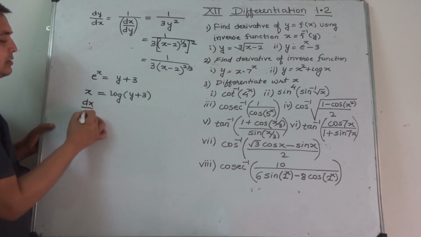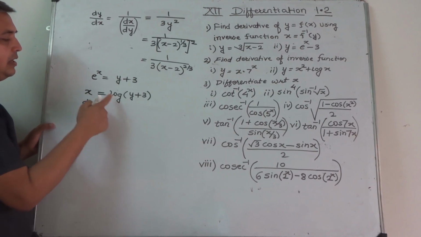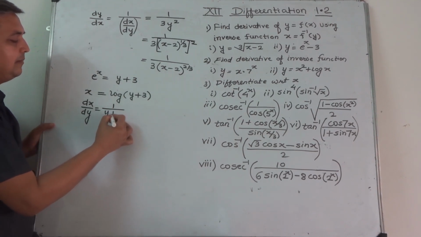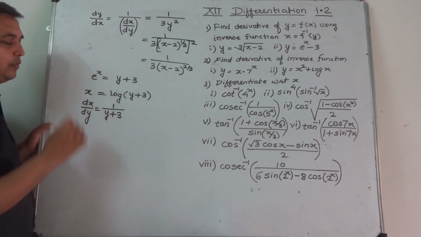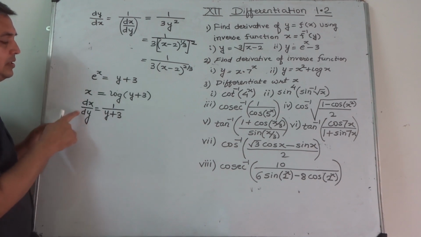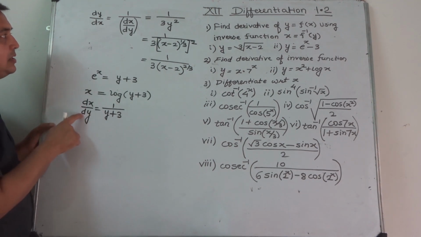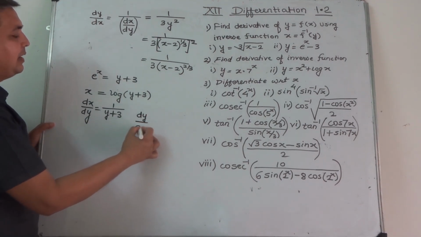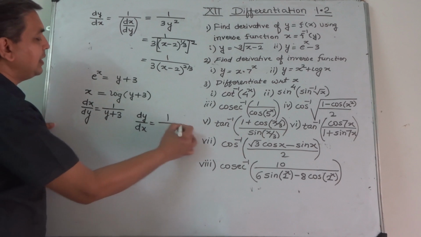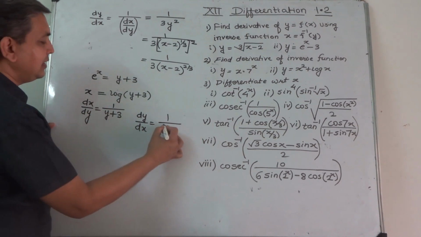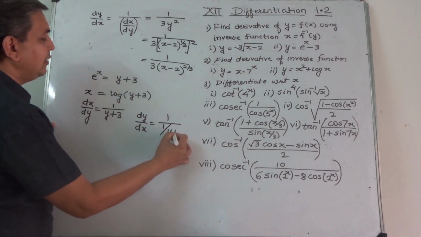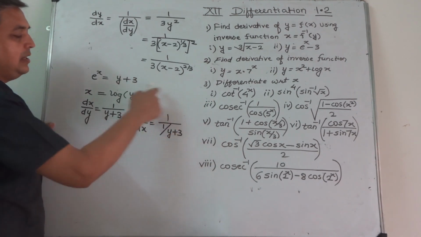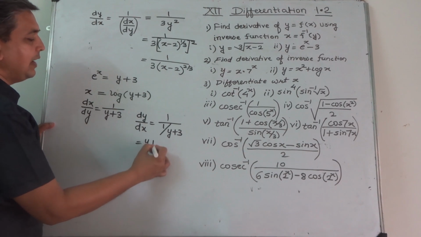Now we find dx by dy. What is the derivative of log? It is 1 upon y plus 3. By the chain rule, the derivative of y plus 3 is 1. So this is dx by dy, and we use this in the final answer. So dy by dx will be equal to 1 upon dx by dy, that is 1 upon 1 upon y plus 3, which will be equal to y plus 3.